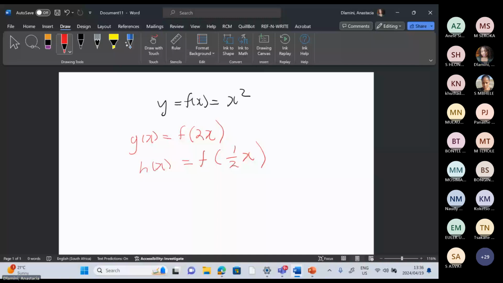Let's think about it. And remember here, they say the y value is not changing, only the x value is changing.